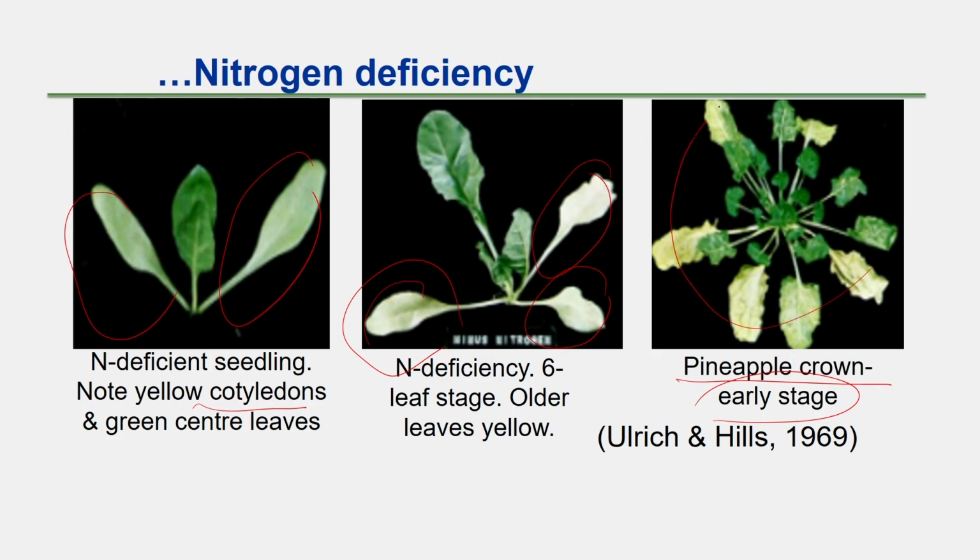You can see the older leaves are becoming yellow and central leaves or top leaves are green in color. It basically happens because nitrogen is mobile in plant. So nutrients can be translocated to the upper leaves from the lower leaves, thus lower leaves getting deficient in nitrogen.